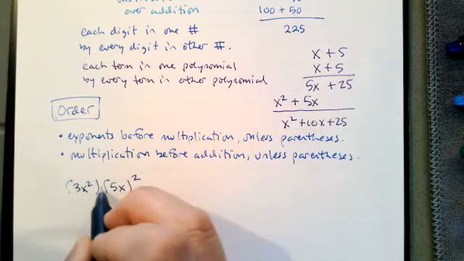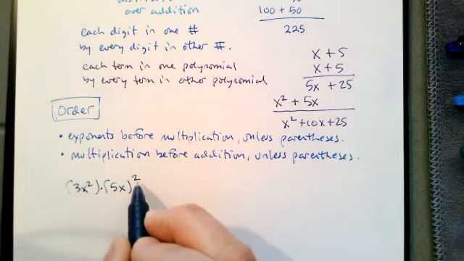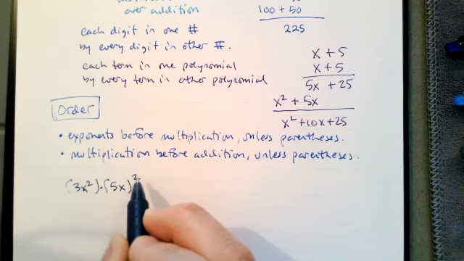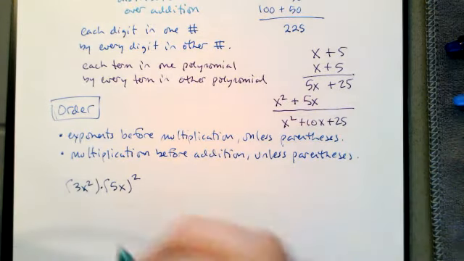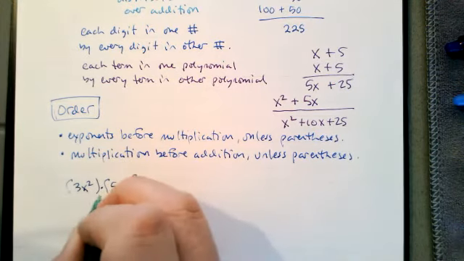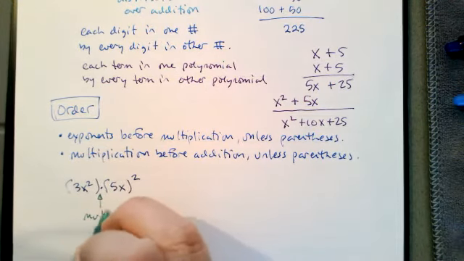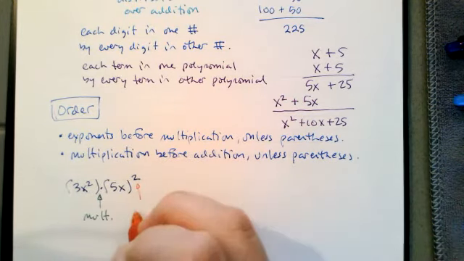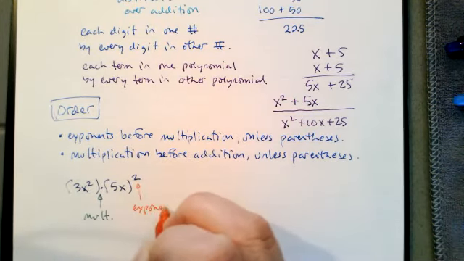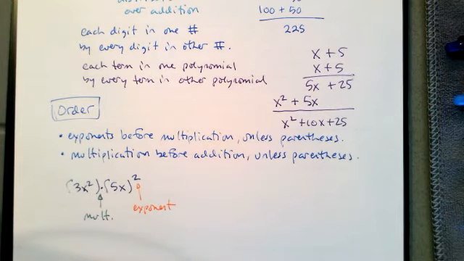But what we have is a multiplication and an exponent, and the exponent should go before the multiplication. There's multiplication here, and we have an exponent out here. So I'm not multiplying 3x squared by 5x because the 5x has an exponent attached to it.